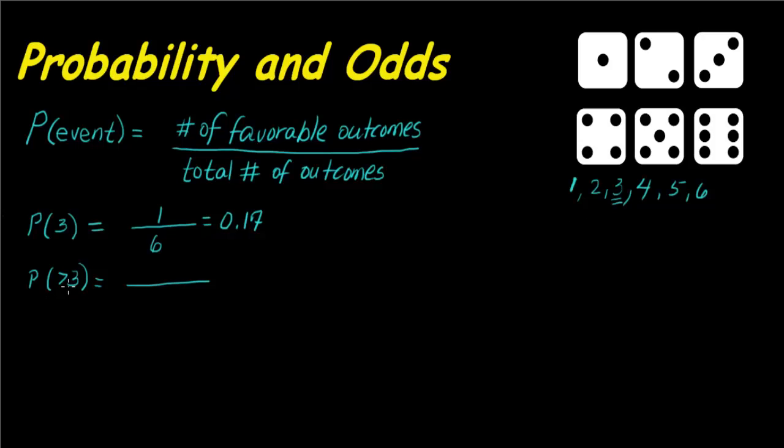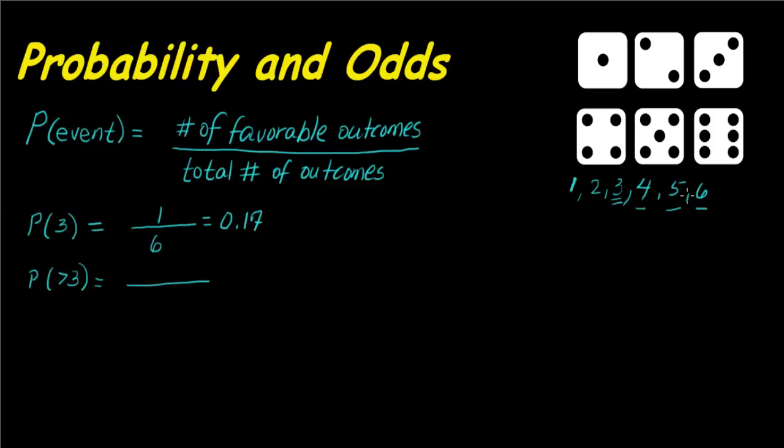Which one satisfies being greater than 3? So 3 is not greater than 3, so 3 is not a favorable outcome. 4 is greater than 3, so 4 is a favorable outcome. If I roll a 5, 5 is also greater than 3, so this would also be a favorable outcome. If I roll a 6, 6 is also greater than 3, so 6 is a favorable outcome.